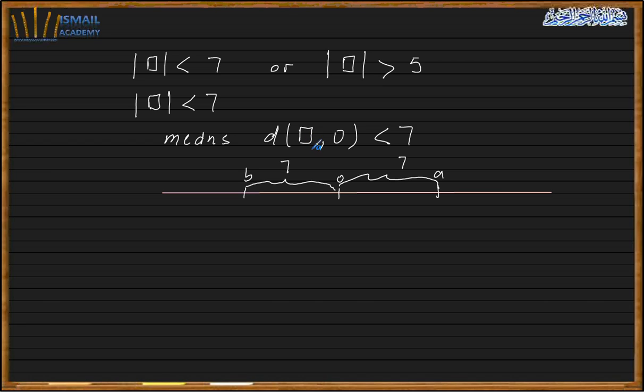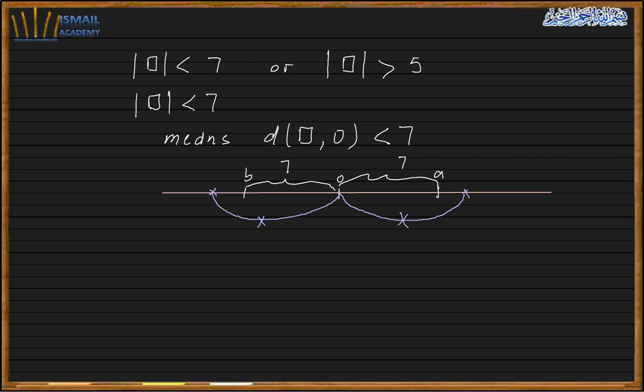If I choose a location outside, the distance from it to 0 is not less than 7, so those locations will not work for me.